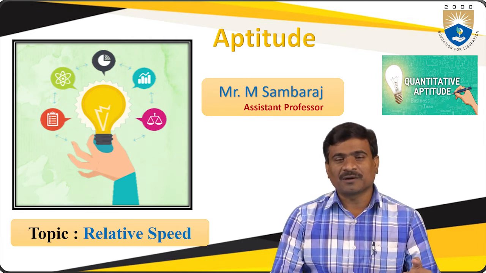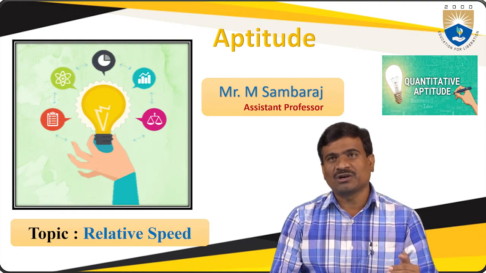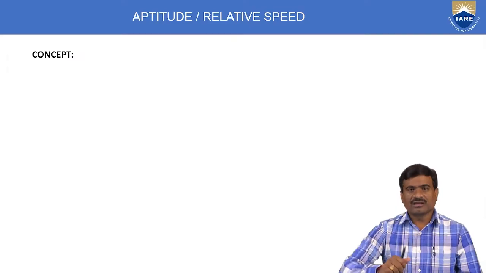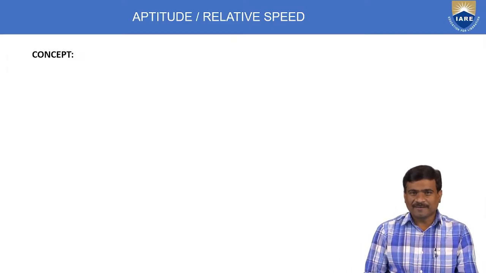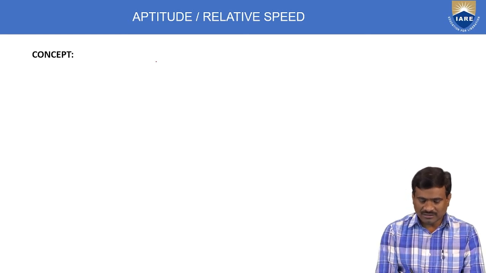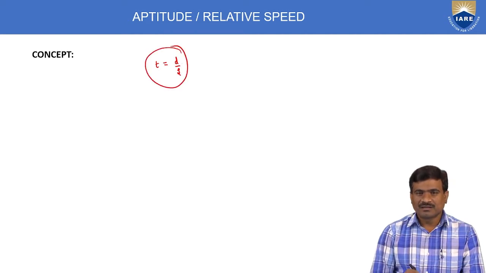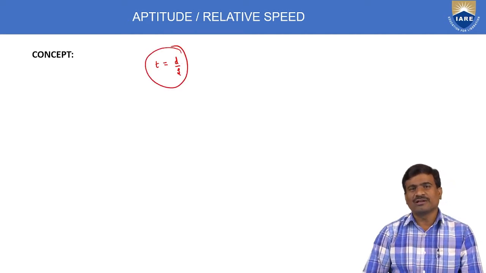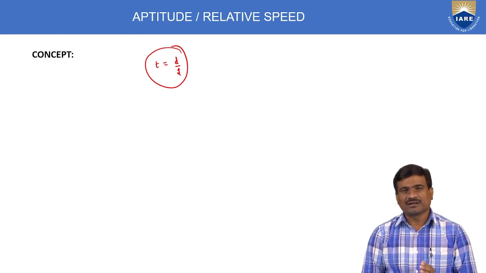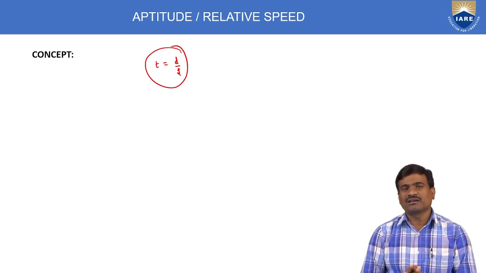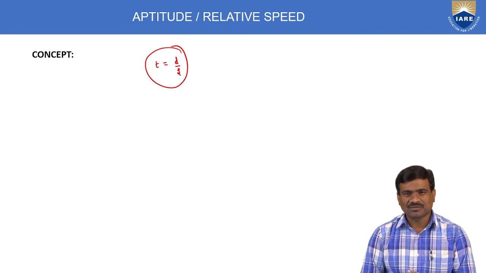This topic particularly finds only relative speed. Here time and distance values are given, and we find only relative speed.